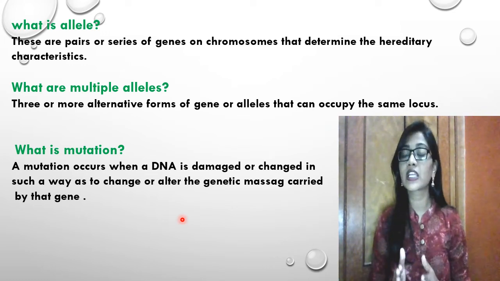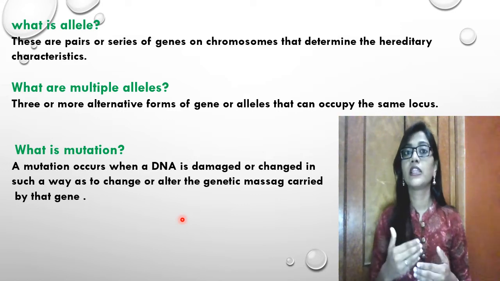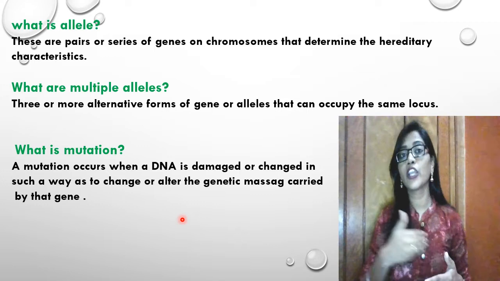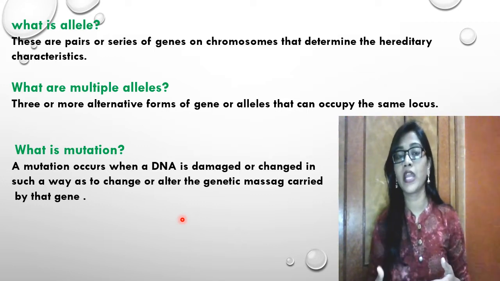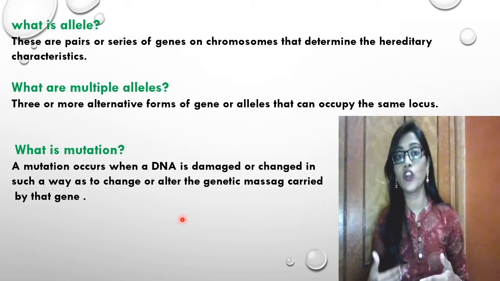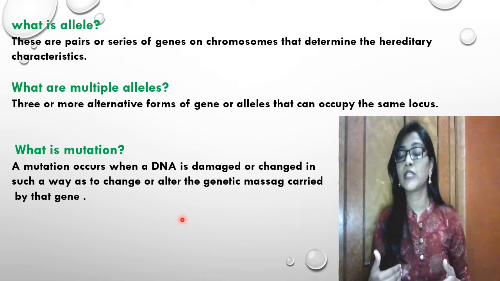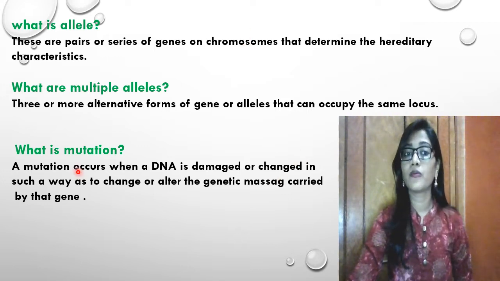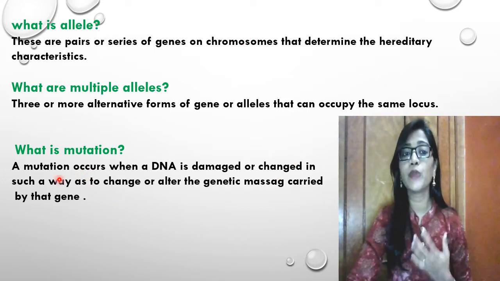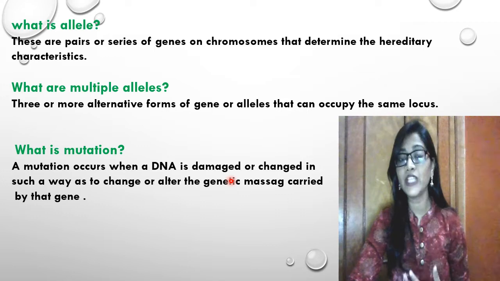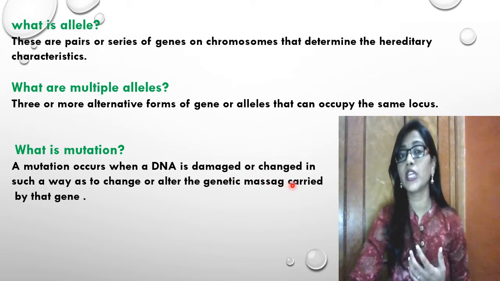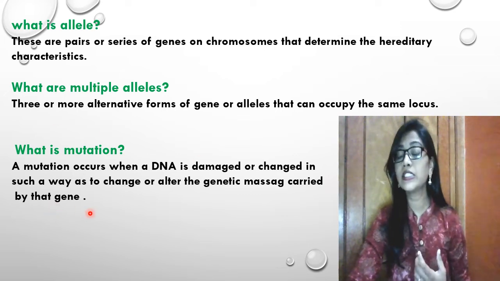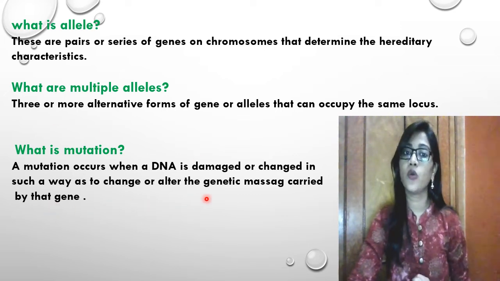So the transcription will change. When the message from the DNA is copied onto the messenger RNA strand, that will also change. So basically, mutation occurs when a DNA is damaged or when the structure of DNA gets changed in such a way as to alter the genetic message carried by that gene.